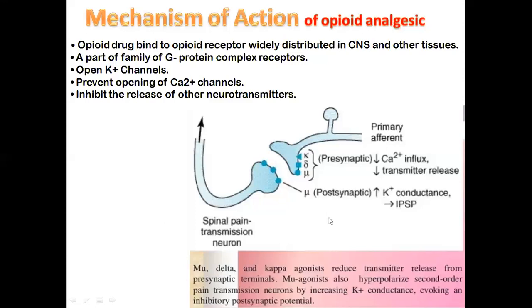And mu agonists also hyperpolarize second order pain transmission neurons by increasing potassium conductance, evoking an inhibitory postsynaptic potential. Means mu receptors have both functions on presynaptic as well as postsynaptic neurons.